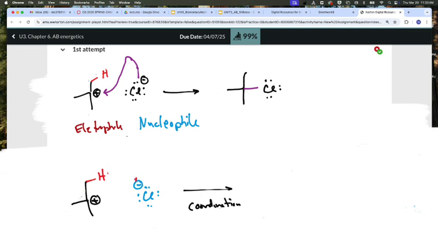If this is a coordination mechanism, what does that mean? That means the negative shares with the positive, and I get that. That's what that means. So what you're trying to do is work through the meaning of those words, the meaning of those arrows, the meaning of those structures back to what those words are.